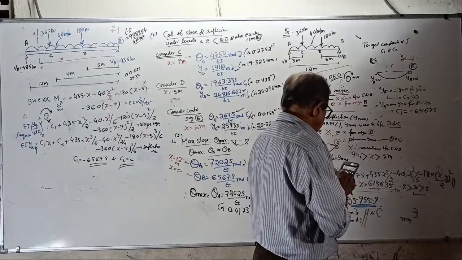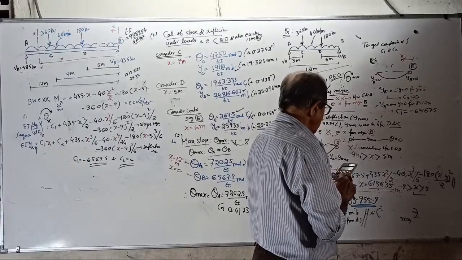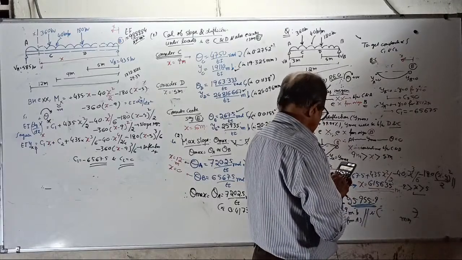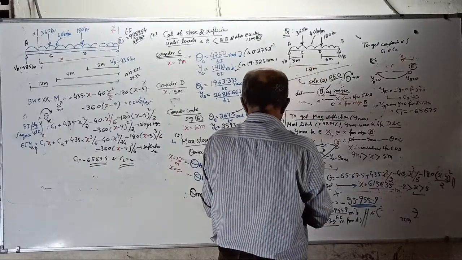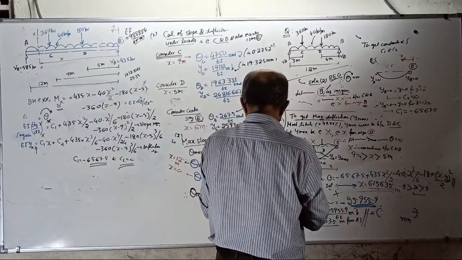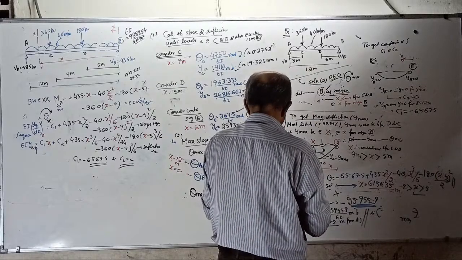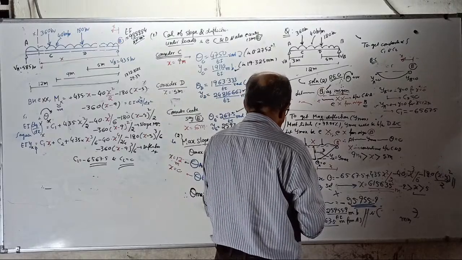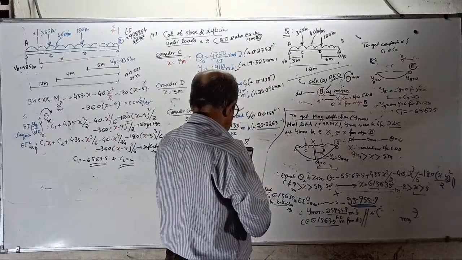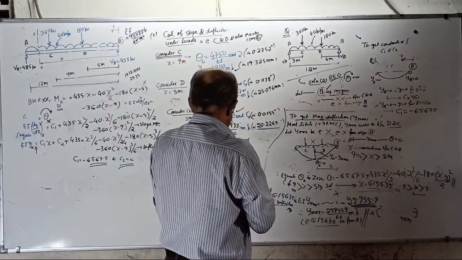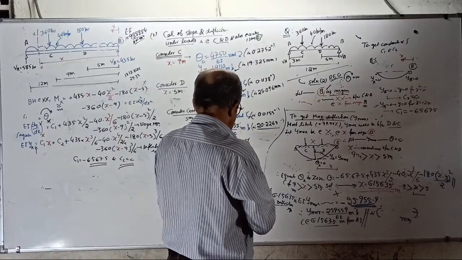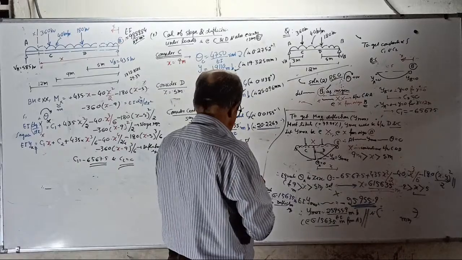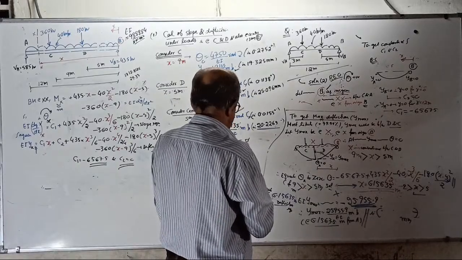25955.9 divided by 988884 into 1000. Something is wrong. 259, how much is it? 98. 988884.